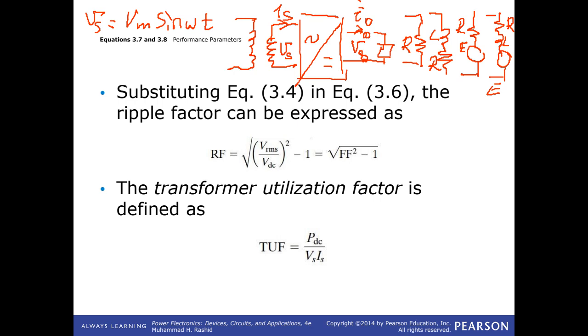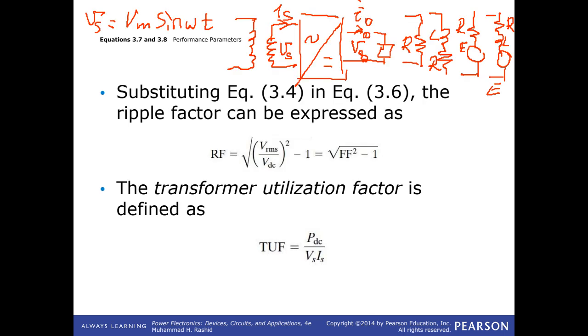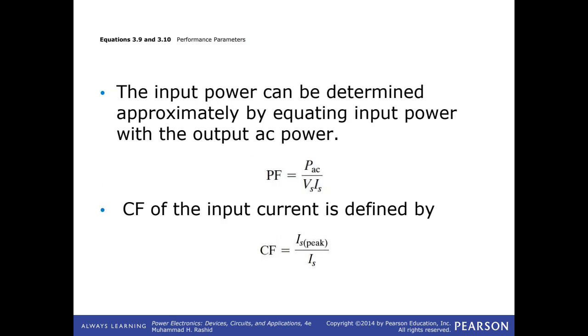And also we have power factor. That is here. This is the DC one. However, if you look at that one, this one is power factor. Power factor is an important parameter as far as the primary side of the system is concerned.